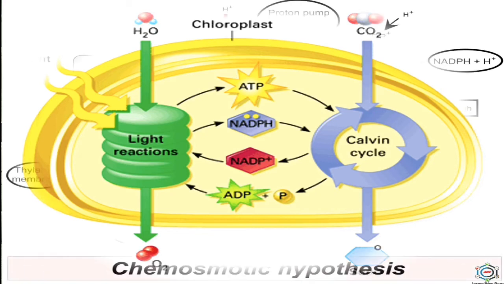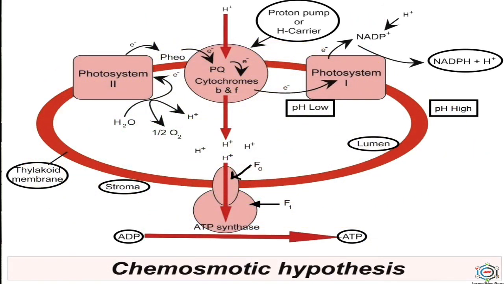Now, if we talk about the concept of cyclic and non-cyclic photophosphorylation, earlier it was believed that electron transport and ATP production are coupled, where energy released in electron transport is trapped in the synthesis of ATP. The ATP production during non-cyclic electron transport was termed as non-cyclic photophosphorylation, and the ATP production during cyclic electron transport was termed as cyclic photophosphorylation.